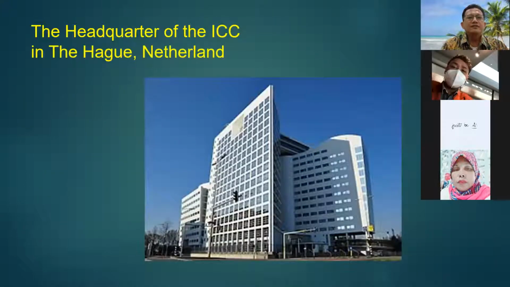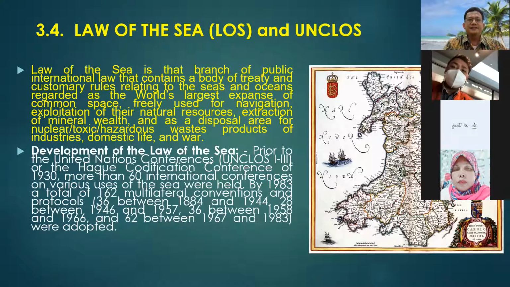And number four, the law of the sea. The law of the sea is very important for maritime and archipelago countries because it determines our territory and our right to explore a part of the sea.